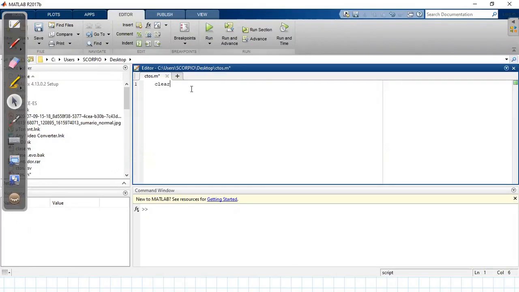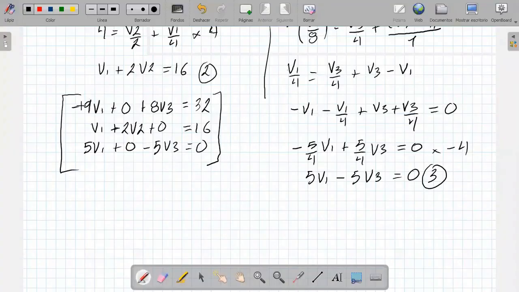Now, first I'm going to create a matrix, a matrix called A. Open bracket and I start entering the values of the first row of the matrix, which is -9, 0 and 8. Single space between each.